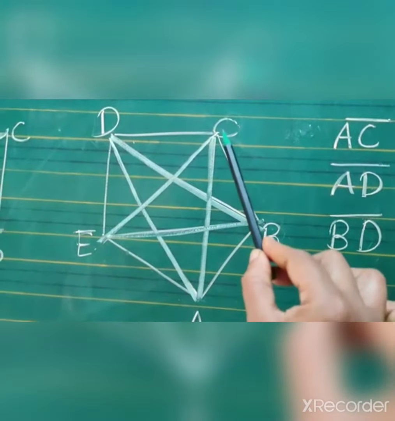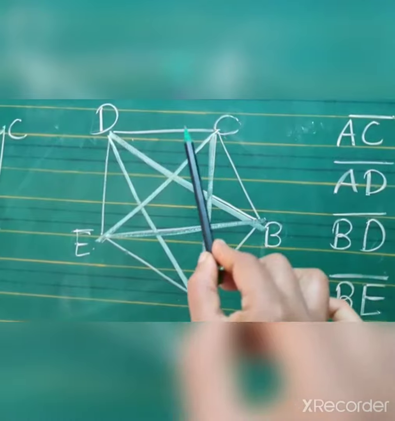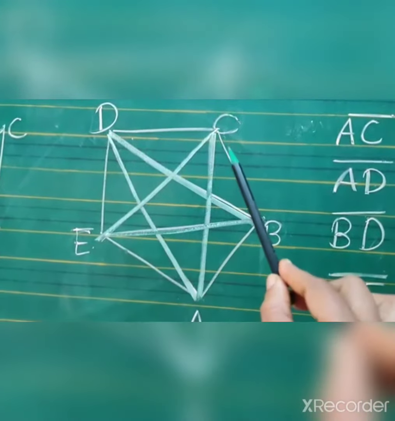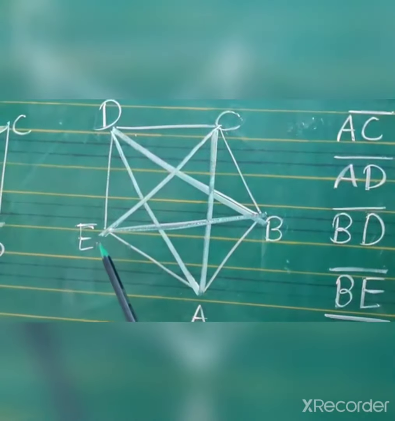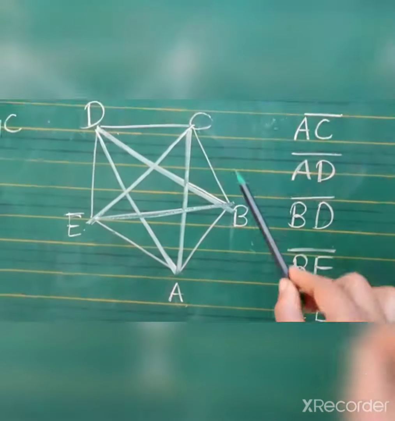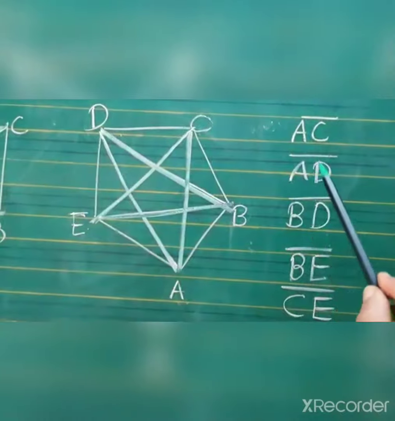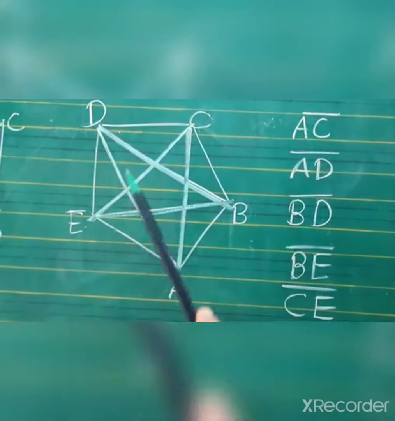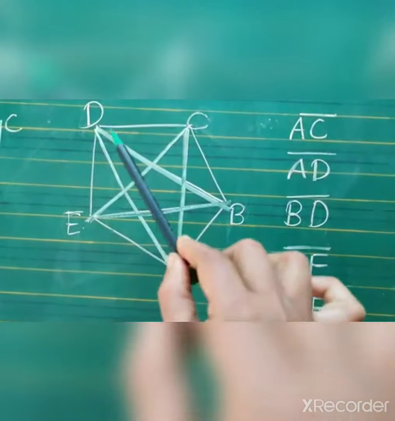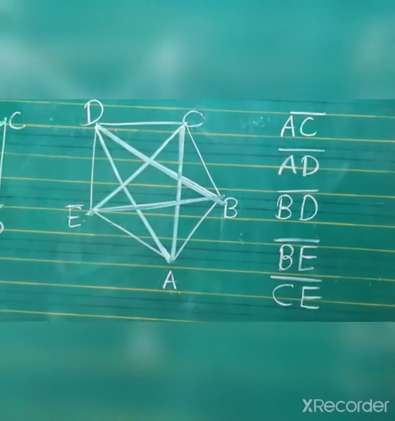Then take C, already taken. Just after is B and there D. So CE, and CA already taken. Same for D, C here, A already taken.